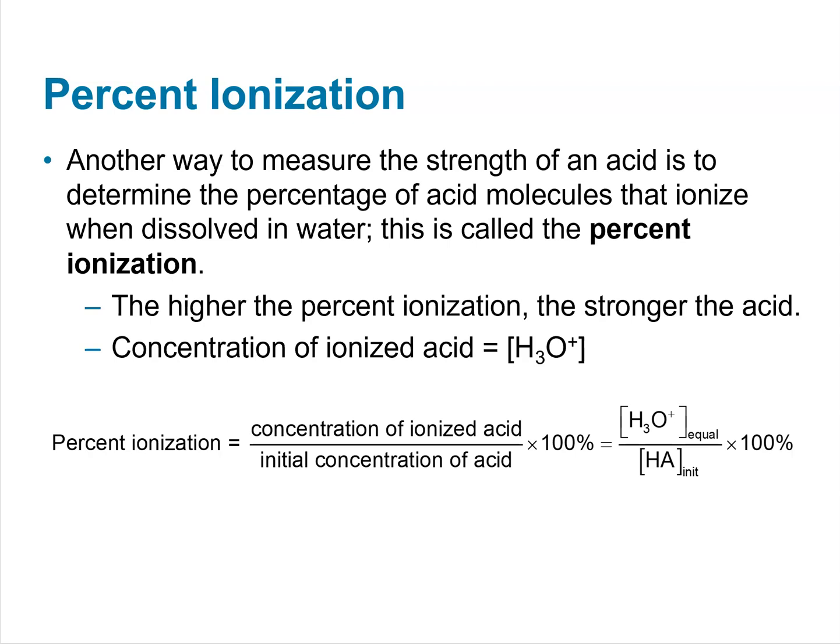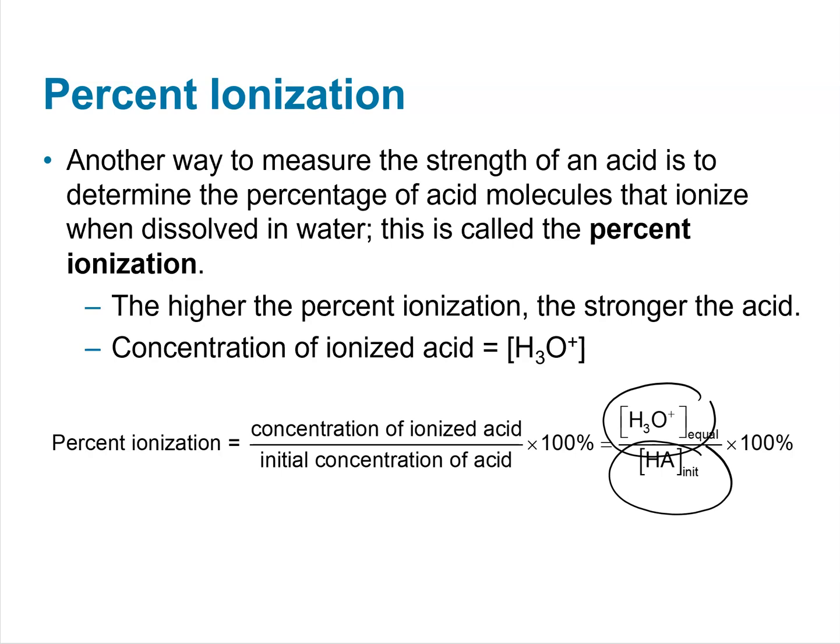And the percent ionization is just determined by the concentration of your ionized acid divided by your initial concentration of acid times 100, or the concentration of hydronium or free protons in solution over your initial concentration of your weak acid. And if you can do this experimentally, you can determine your concentration of free protons in solution through the pH equation.